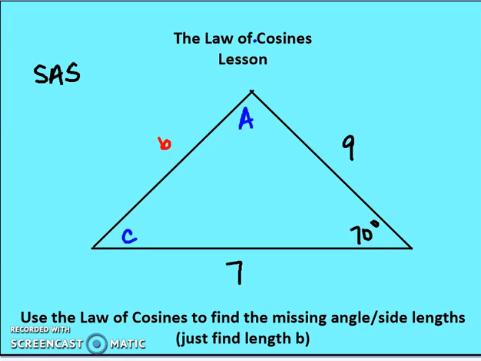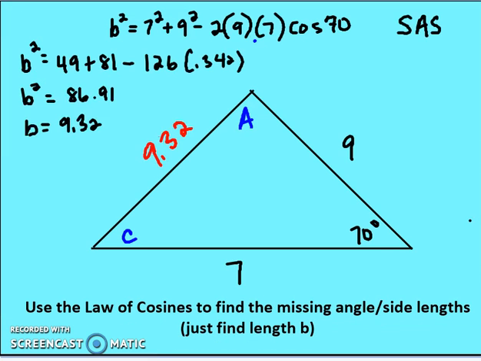Side, angle, side: please solve just for length B using the law of cosines. All right, and you can see that we end up with 9.32 as the side. So again, yes, we can use the law of cosines to solve. And of course, at this point, it's probably easier to use the law of sines moving forward to complete the solution for the rest of the triangle.